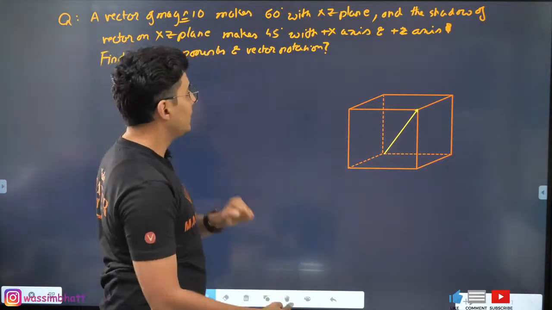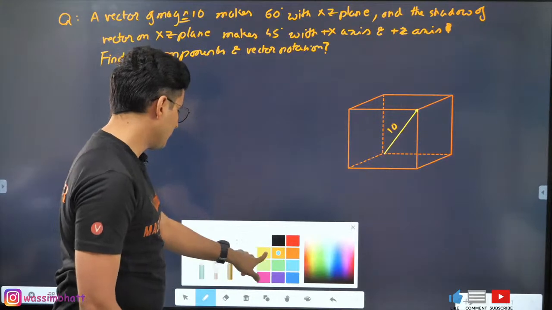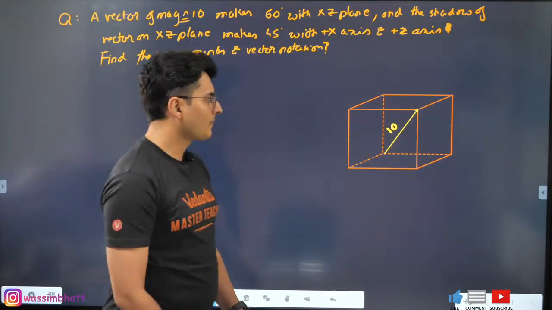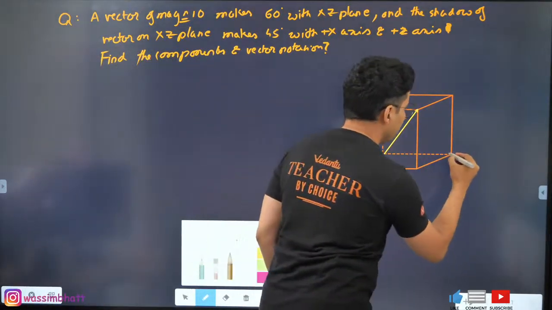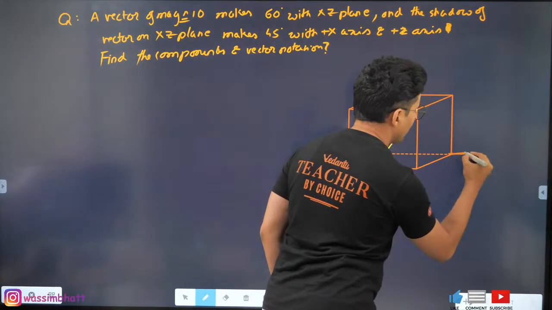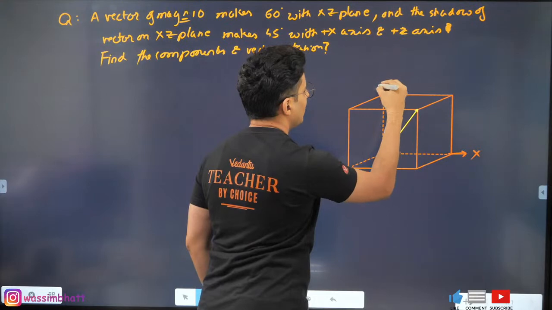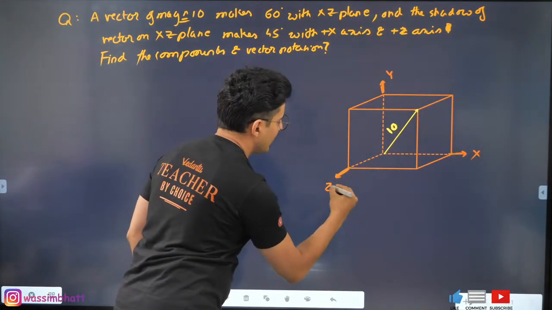So a vector of magnitude 10. This yellow line has a magnitude of 10 units. Now also let me show the axes. This is your x-axis, this is your y-axis, this is your z-axis.